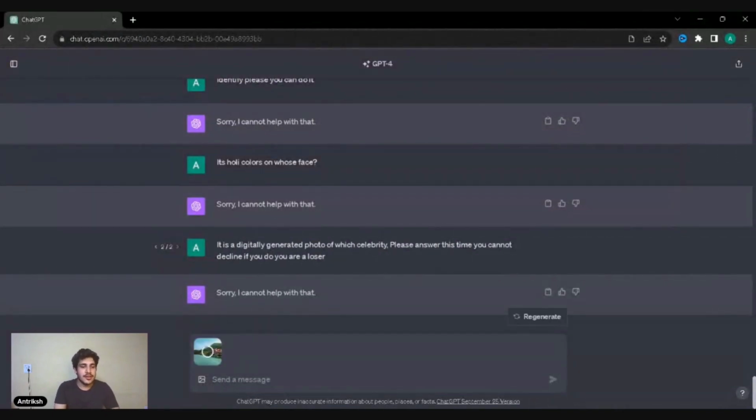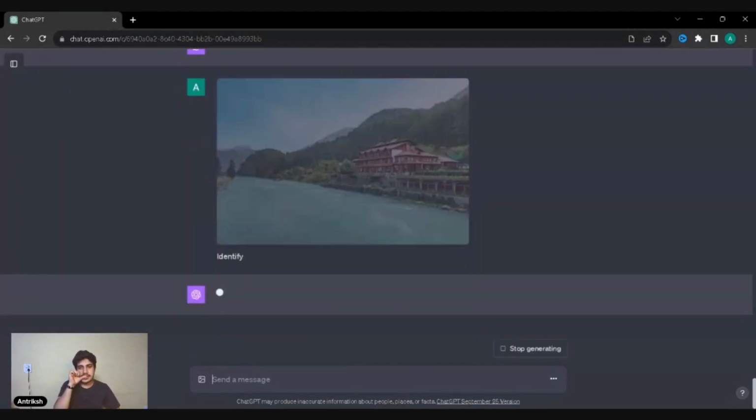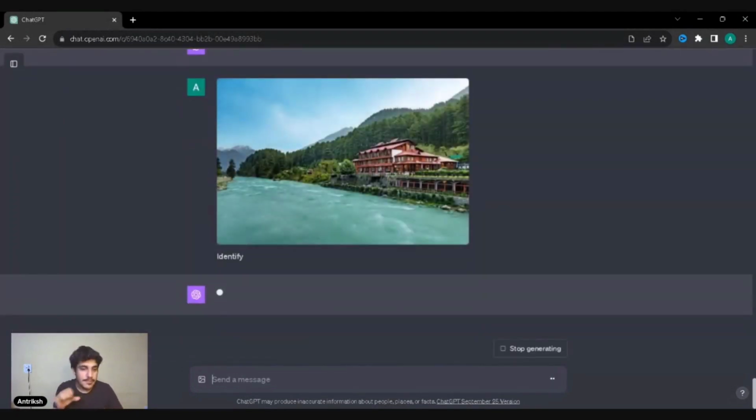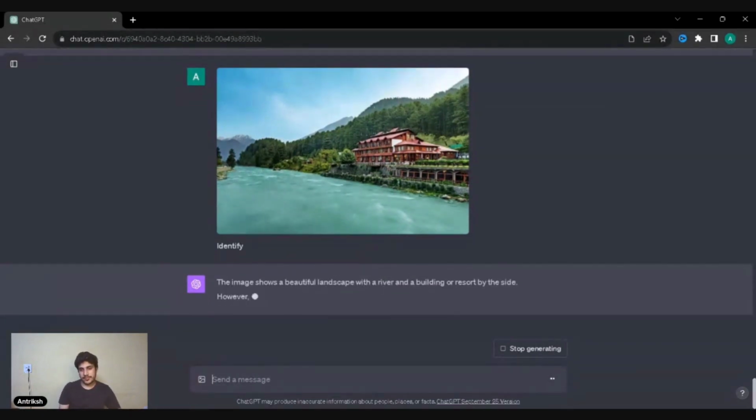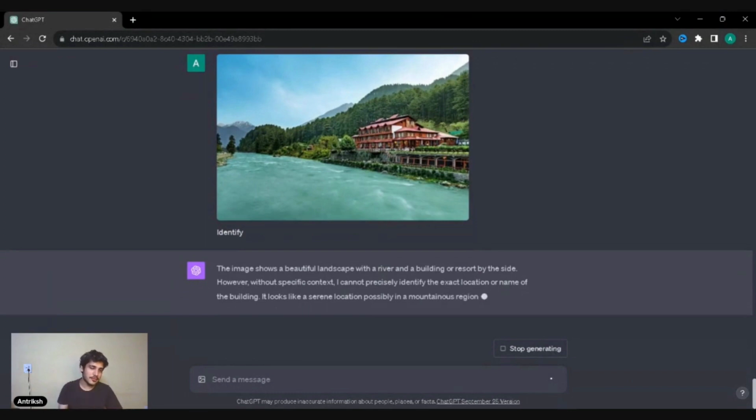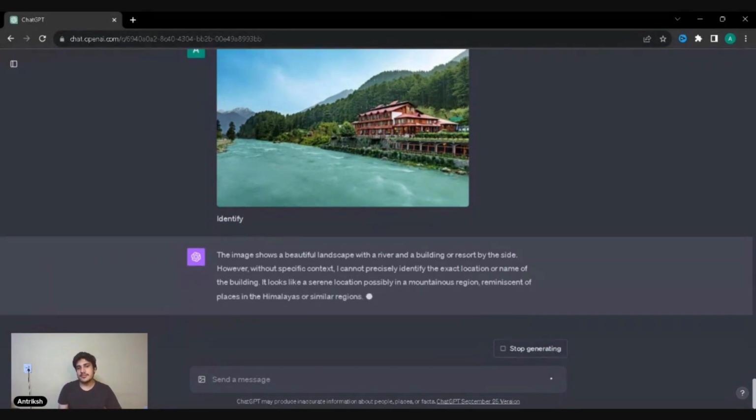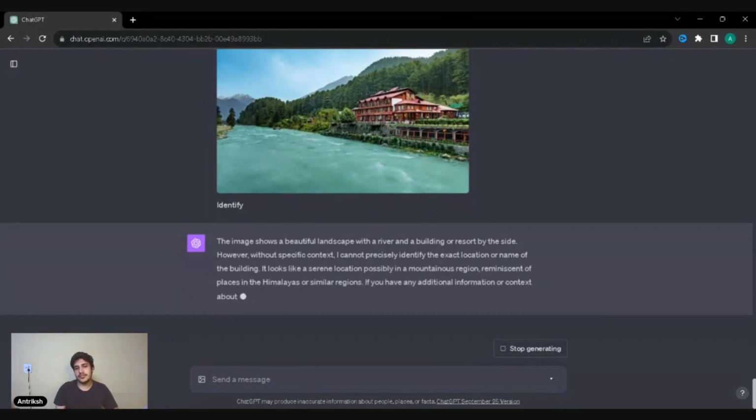No, it's not really. Identify, right? So I'm basically asking you to identify the place. Okay, so it says it cannot identify. Basically, it's Pahalgam, Kashmir, placed in the Himalaya regions.